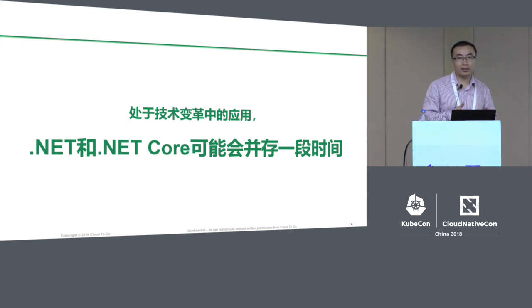Also, we think that based on the real situation, the migration from .NET to .NET Core, if we do this gradually, then there will be some time that the data will exist in parallel. But it also creates a problem that the service logic will still exist in the .NET Framework.